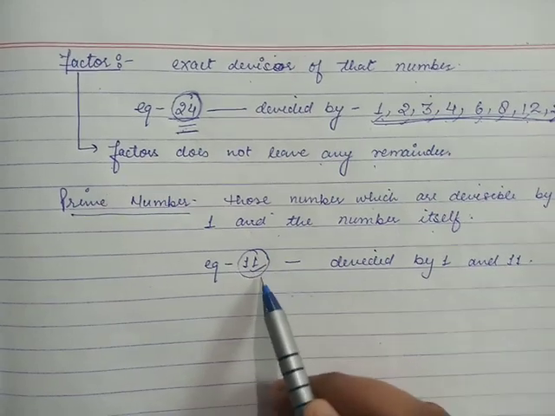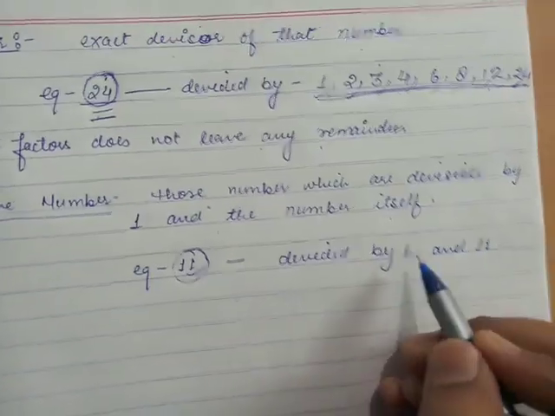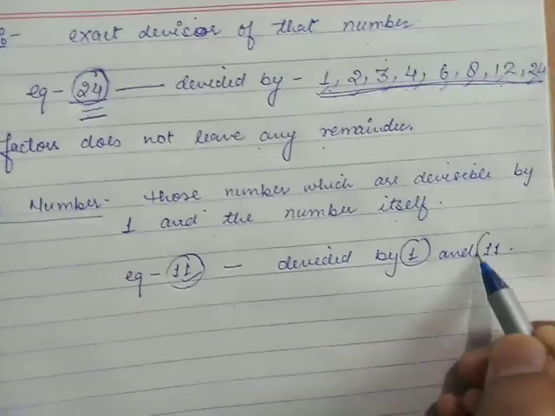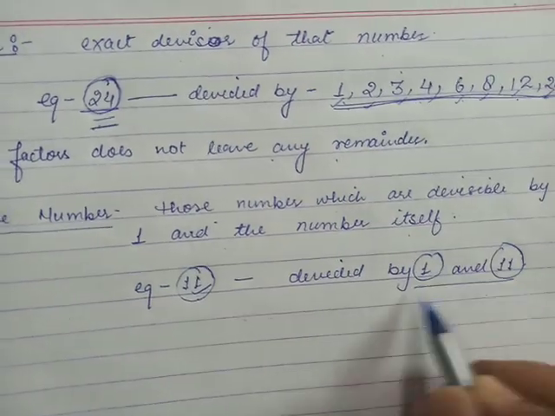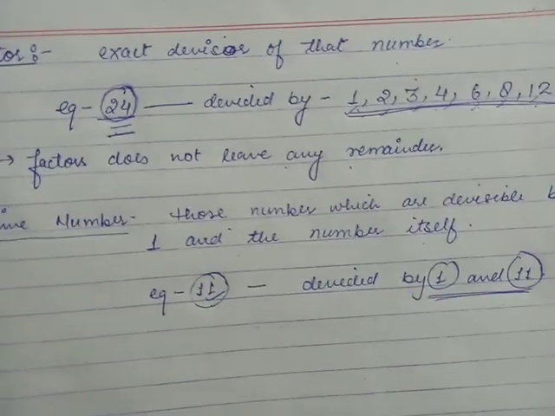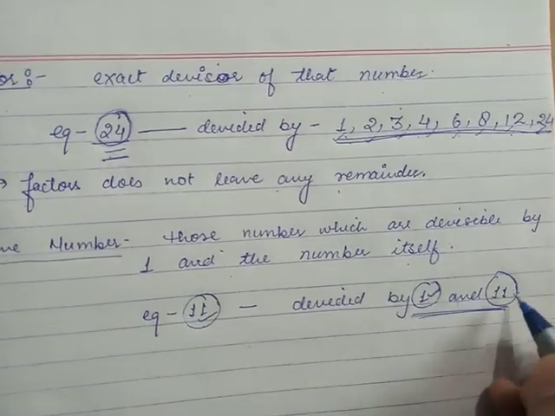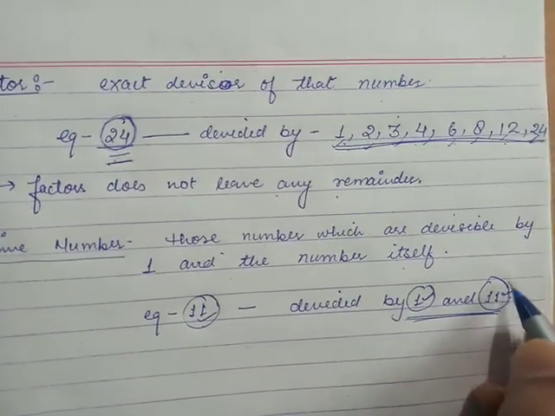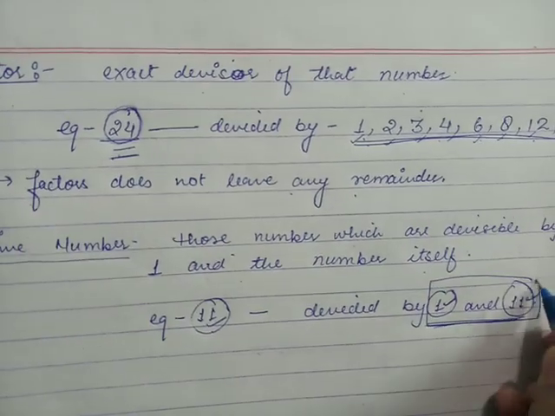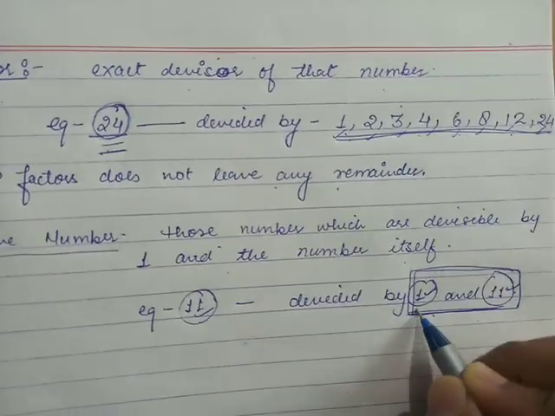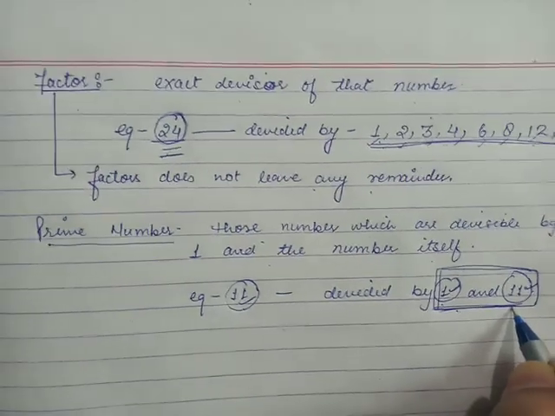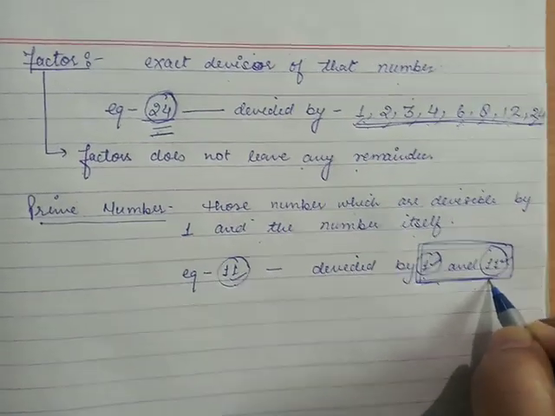When you write the factors of 11, you can see that only 1 and 11 itself are there. So those numbers which have only two factors, 1 and the number itself, are prime numbers.